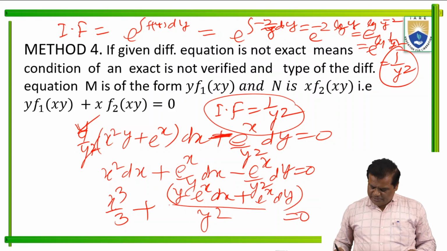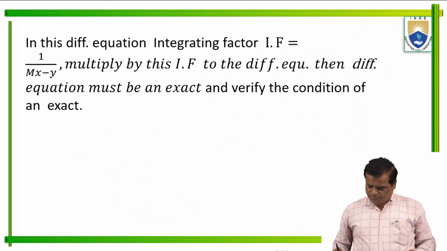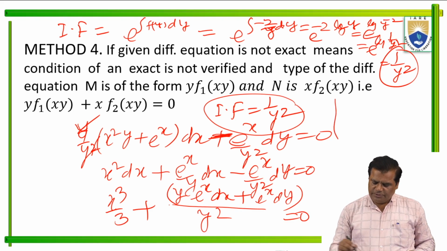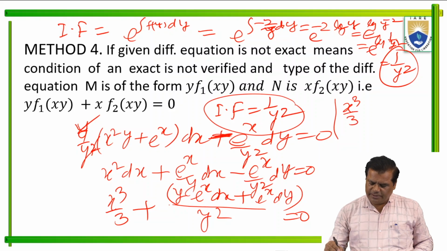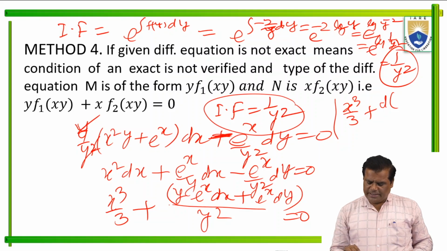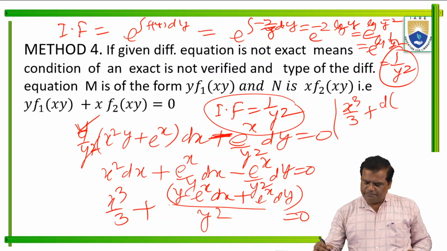So what is the integration of this? Integration of this one is x cube by 3 plus here. What is this result? This is d of e to the power x upon y, the whole square.